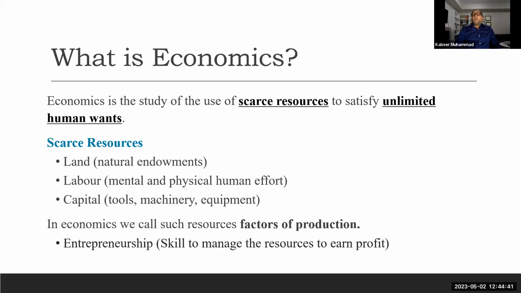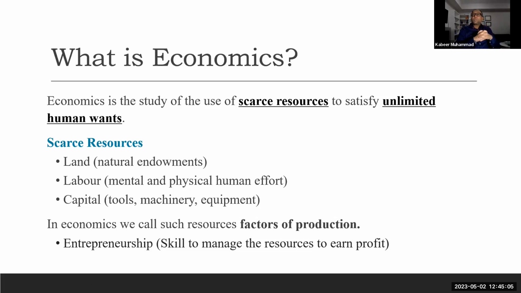So that's what economics is. Economics is the study of the use of scarce resources to satisfy unlimited human wants. These two ideas are important to remember: scarce, limited resources, and unlimited human wants, desires, needs.